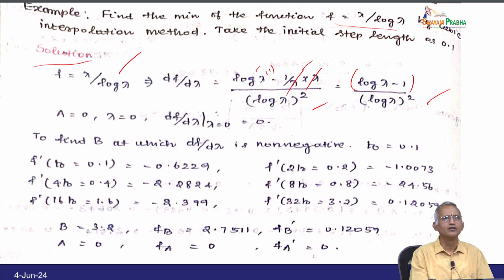Now, you take A equal to 0 and lambda equal to 0 initially. Therefore, df by d lambda at t equal to 0 equal to 0. To find B at which df by d lambda is non-negative and t naught equal to 0.1.